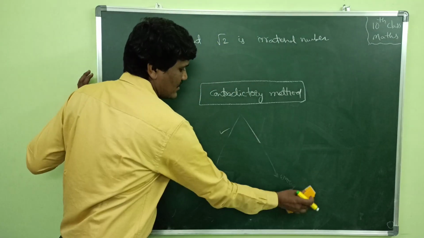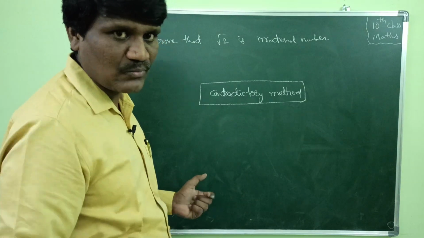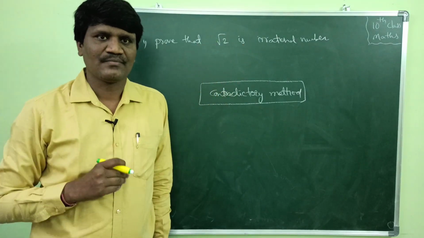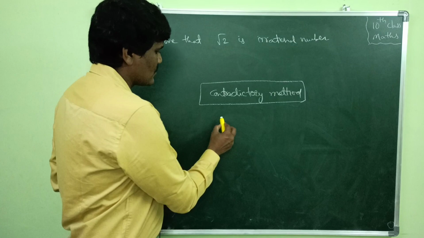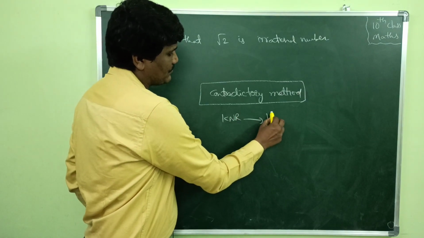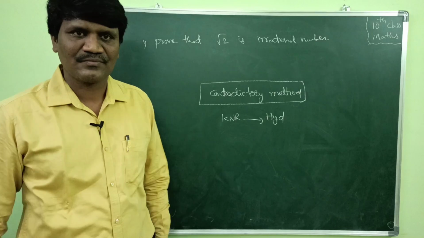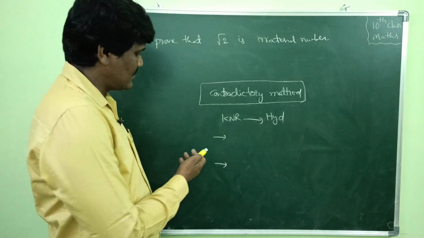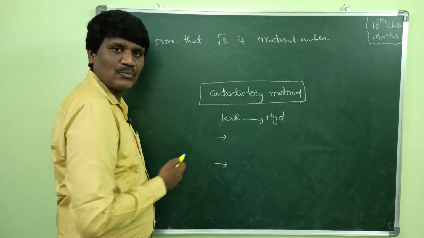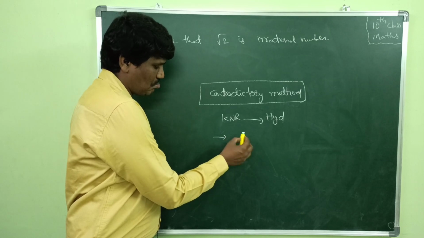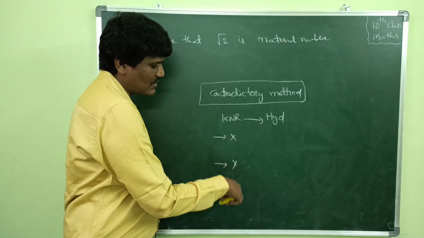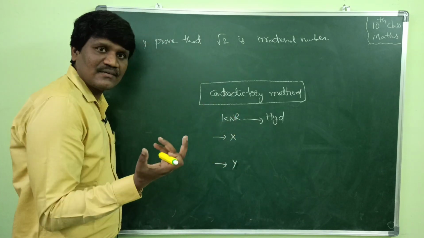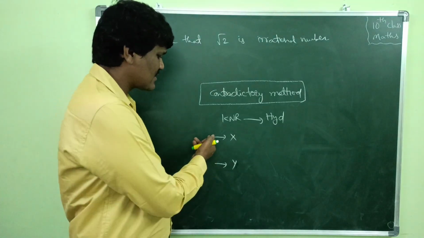If you do not understand this, let us take one more example. Suppose I want to go from Karimnagar to Hyderabad, and there are two buses. One bus number is X, and the other bus number is Y. Which bus is correct, X or Y?